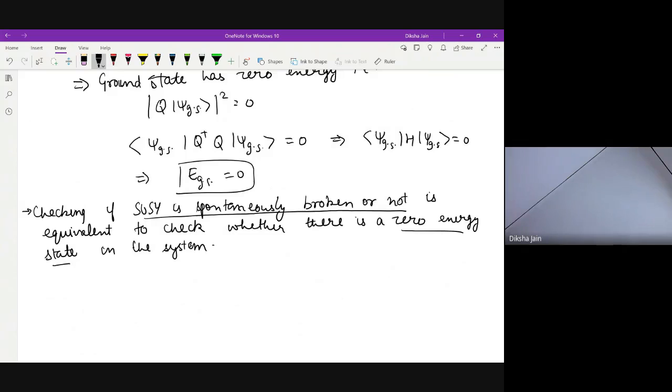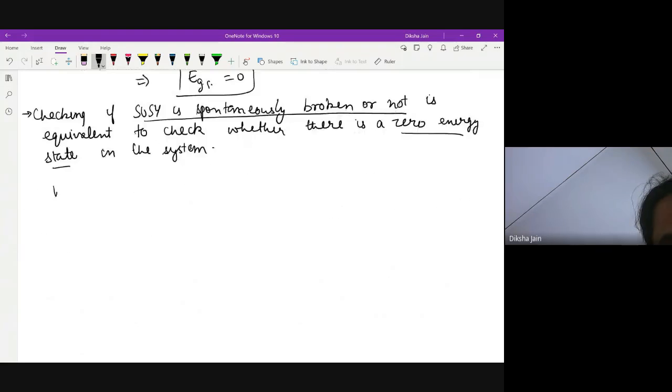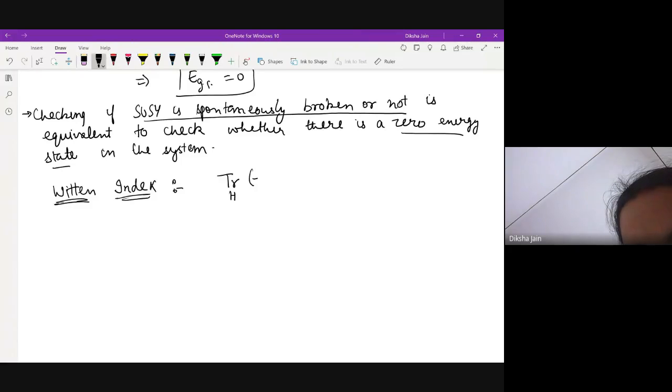So let me just define the Witten index. The Witten index is defined as the trace over the Hilbert space of the system of (-1)^F e^(-βH). Here β is the inverse temperature, the temperature at which you are doing the experiment, and F is the fermion number.